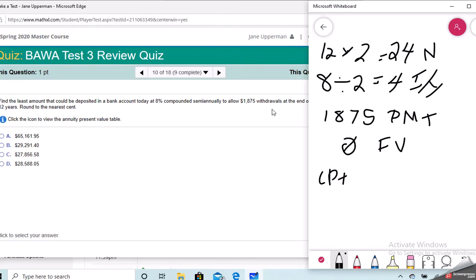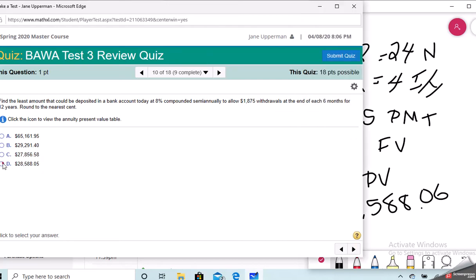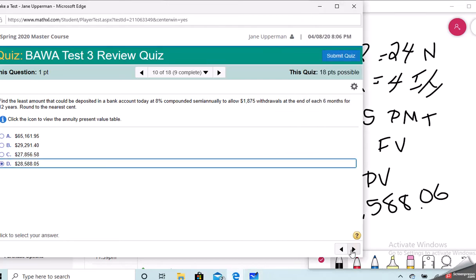So 24 is our N, 4 is the IY, 1,875 is our payment, zero out the future value, and compute the present value. So we get 28,588 and 5 cents. I don't have to round it. So D is that answer there.